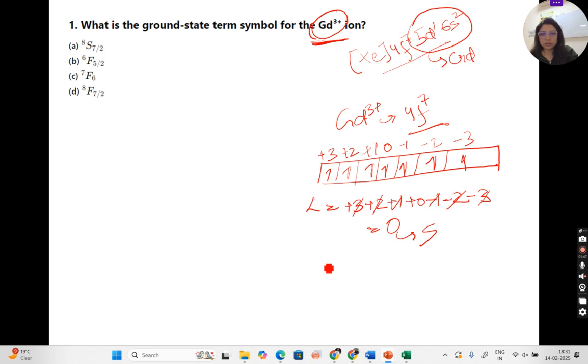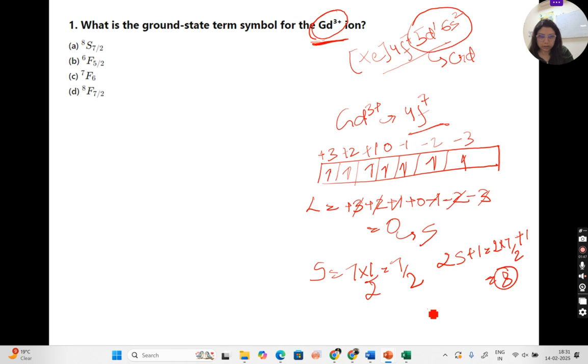Now for S, spin multiplicity: it has 7 electrons, and multiplying by half, you will get 7 by 2 in this case, and 2S plus 1 will be 2 times 7 by 2 plus 1, which gives us a value of 8. So we have 8S.